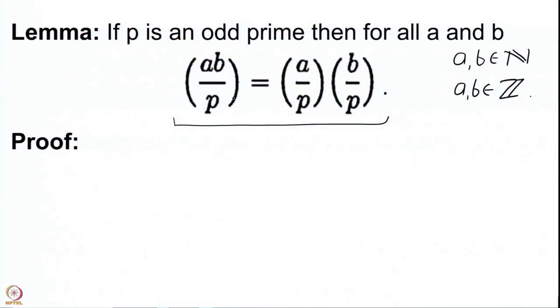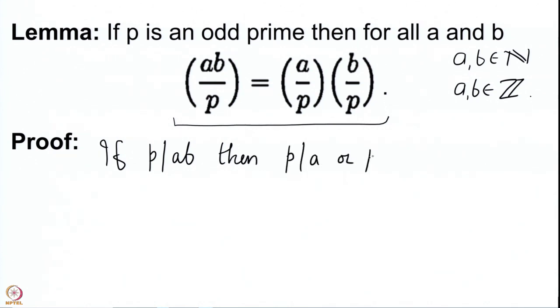We want to prove that (ab/p) = (a/p)(b/p). The first possibility is that p divides ab. Then p divides a or p divides b.